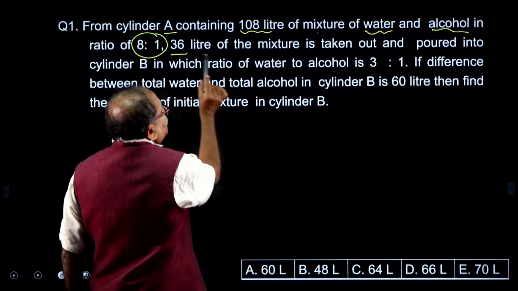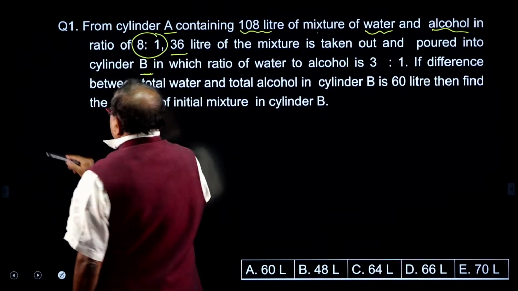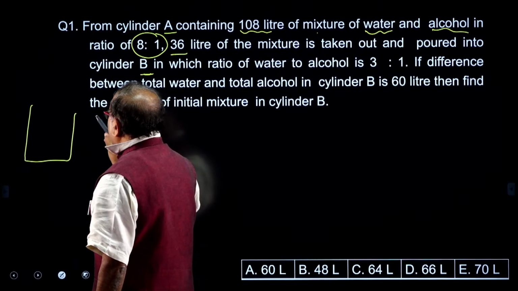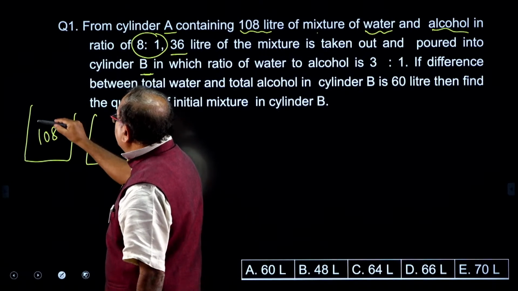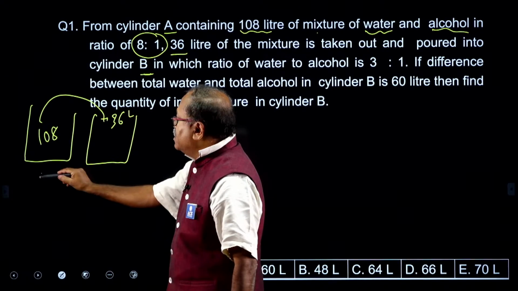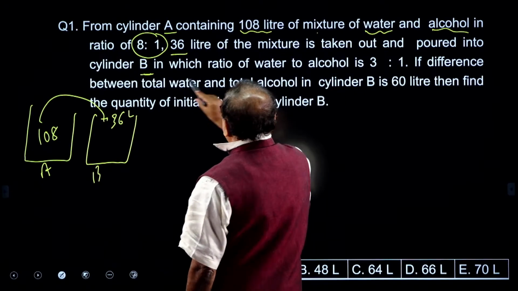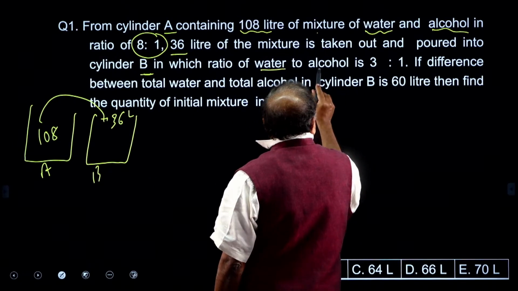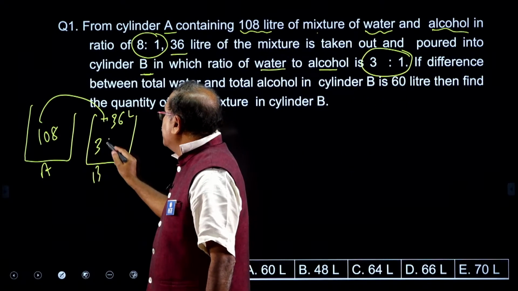Next, 36 liter of mixture is taken out and poured into cylinder B. So, we have the cylinder A and we have the cylinder B. So, from 108 you are taking out 36 liter and pouring in B, if suppose this is A and this is B. Now, in B the water and alcohol ratio is already there in the ratio of 3:1.